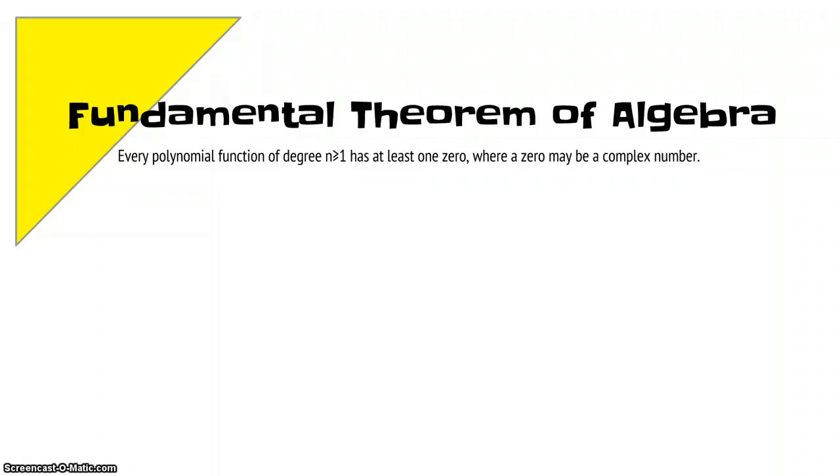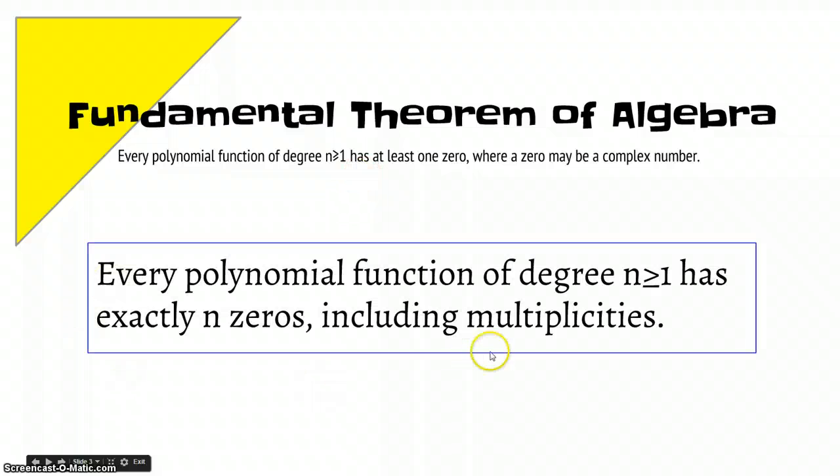Here's really what I like to think of as the fundamental theorem of algebra. This is great, but this is kind of weak. This is the moneymaker. I love this. Every polynomial function of degree n greater than or equal to 1 has exactly n zeros. Notice the n's are the same, including multiplicities, right?